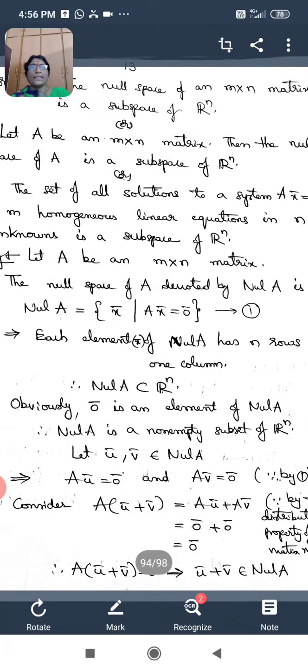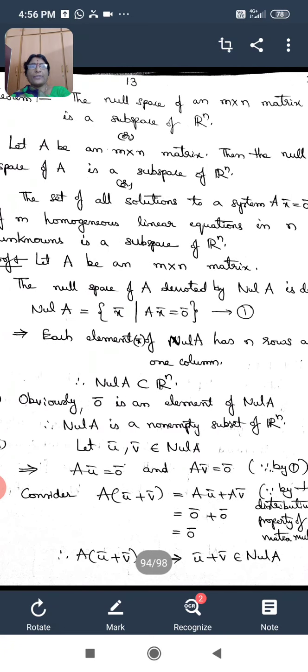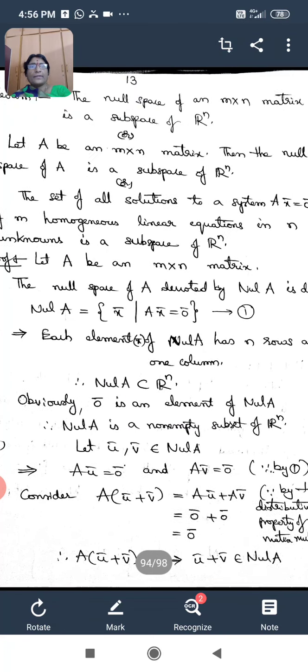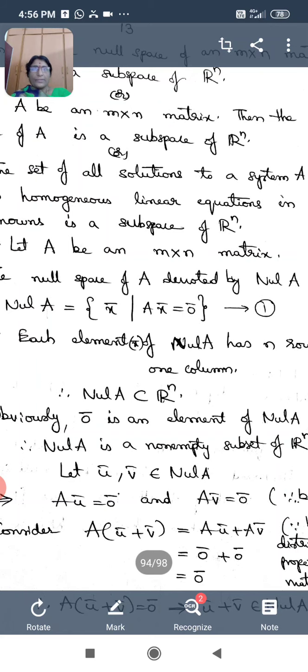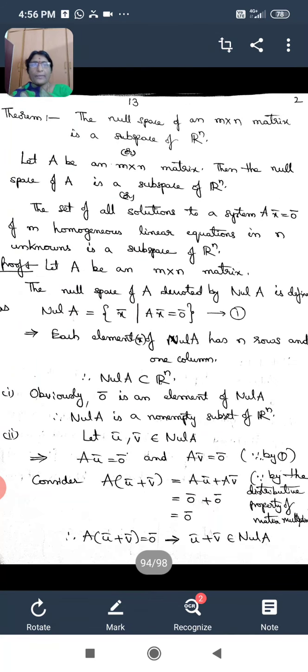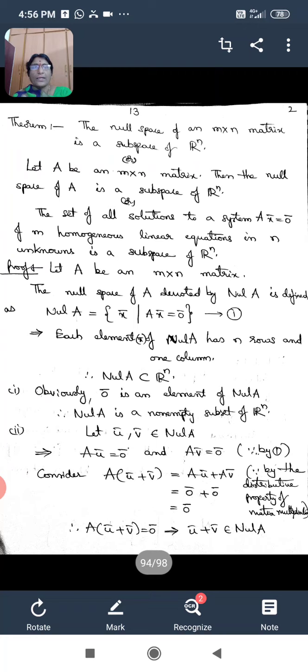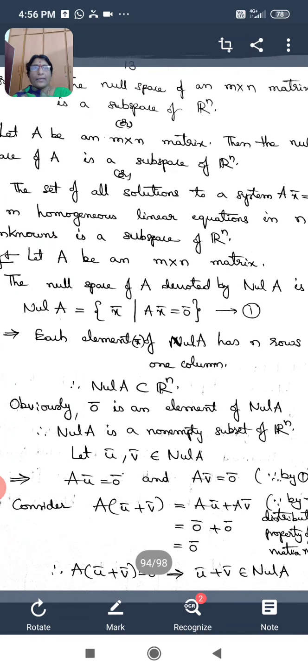The set null A is represented by equation number 1, and this gives the implication that each element of null A has n rows and 1 column. As I said, the elements of null A are column vectors of order n by 1, and hence null A is a subset of Rn.